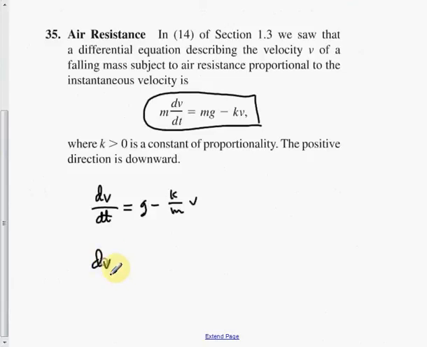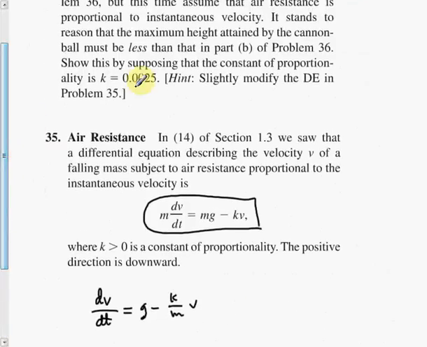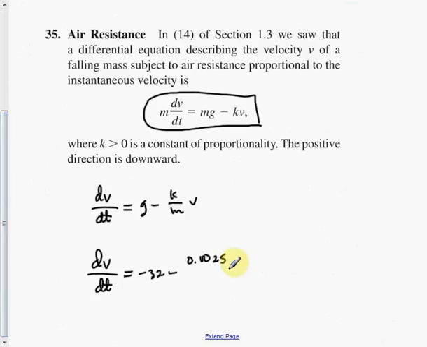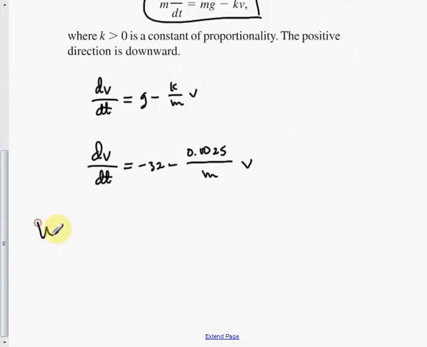So dV over dt is equal to, here g is negative 32, minus K, 0.0025, divided by m, times V. Now the weight is 16 pounds. The weight is given by an equation as the mass times the acceleration due to gravity.